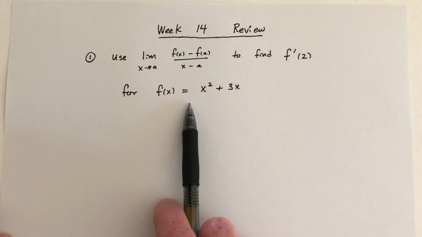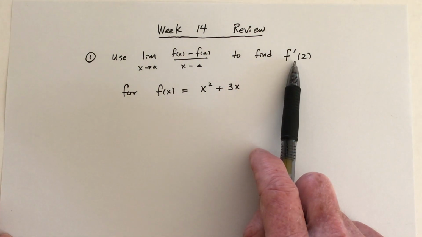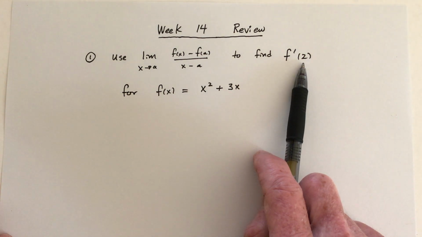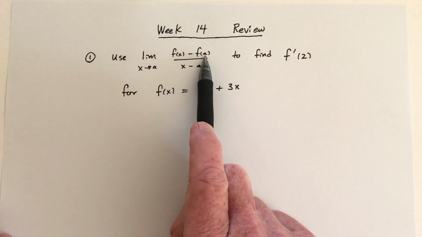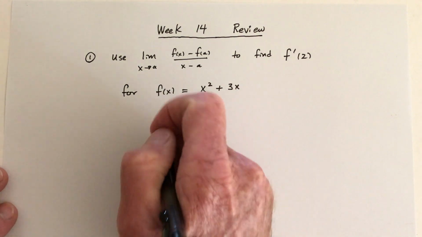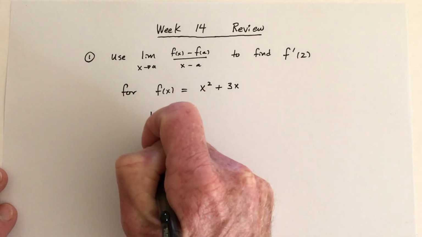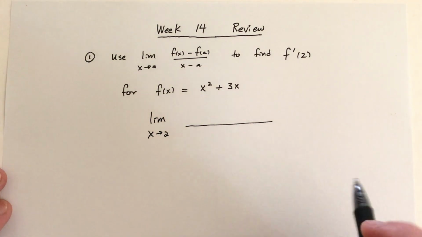For example, number 1, use the definition of the derivative to find out what's the derivative when you insert a 2. So this is going to be the function. This is going to be f of 2. This is going to say the limit as x approaches 2. And then we need to do some algebra. So take the limit as x approaches 2.